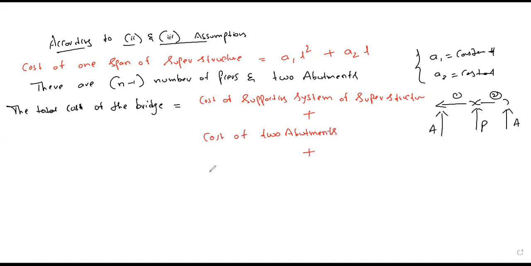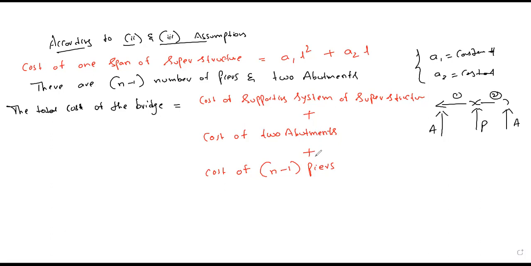Plus cost of n minus 1 piers, because we don't know how many piers we'll have for a bridge, because it all depends on the number of spans. That's why we say cost of n minus 1 piers, but we know how many abutments there will be. For any bridge there will be only 2 abutments.